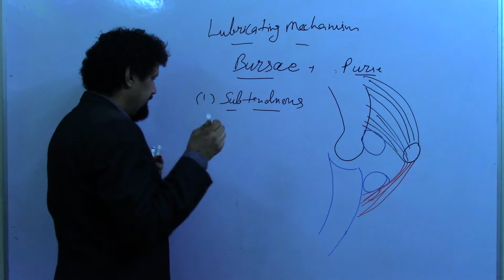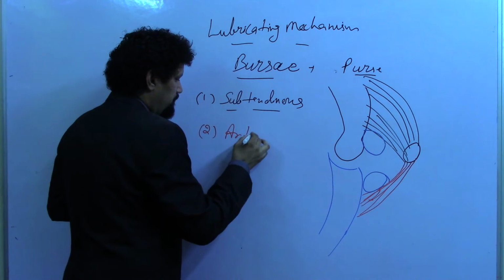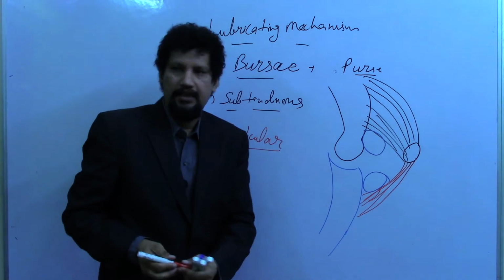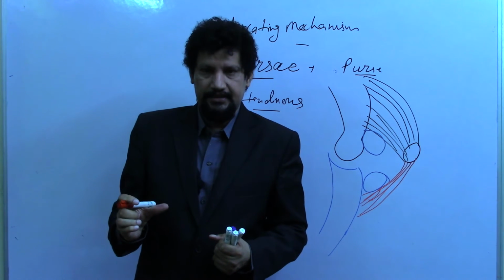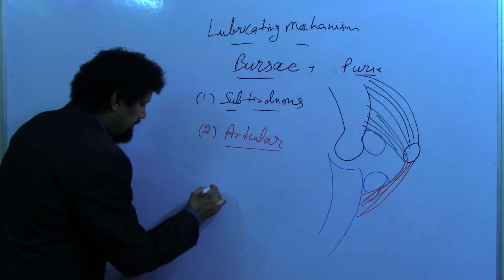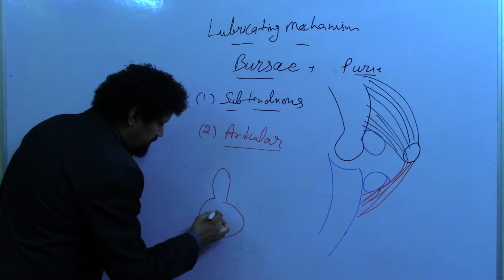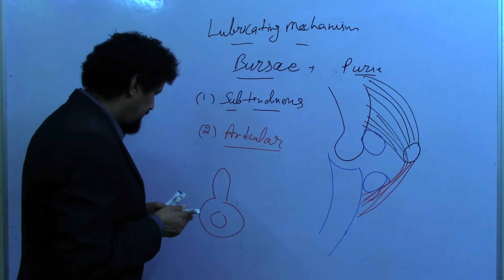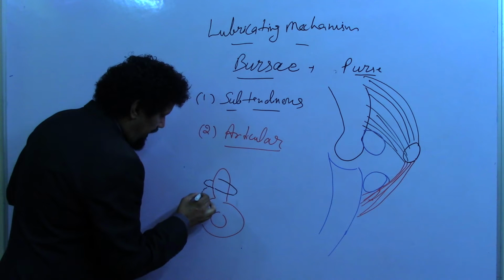The second type is the articular bursa. This type of bursa is seen in the dens of the axis, that is the second cervical vertebra. You can see between the dens and the transverse ligament of the first cervical vertebra, that is the atlas vertebra.